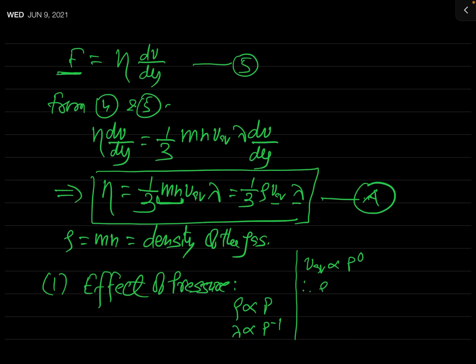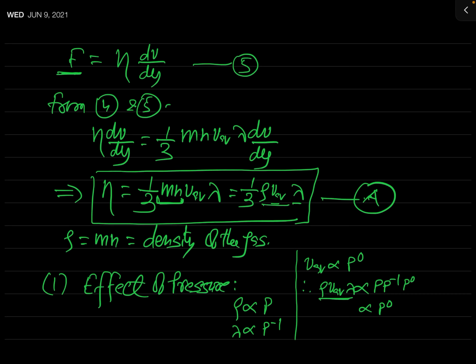So you can see that rho into V average into lambda will be proportional to P times P to the power minus 1 times P to the power 0. It means this will be proportional to P to the power 0, because P times P to the power minus 1 cancels out. So this product does not depend on pressure.